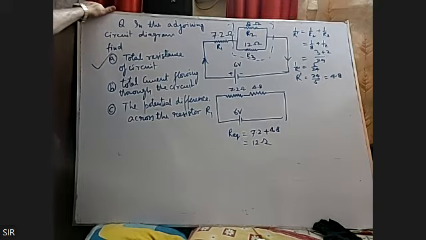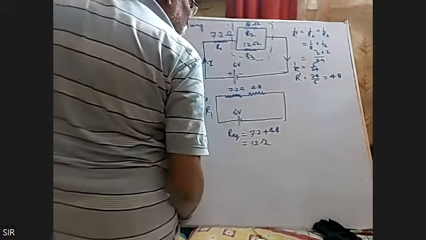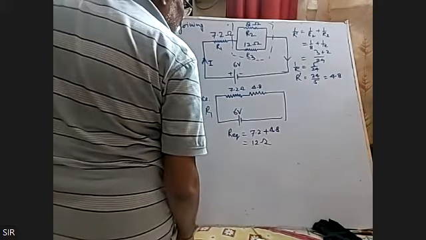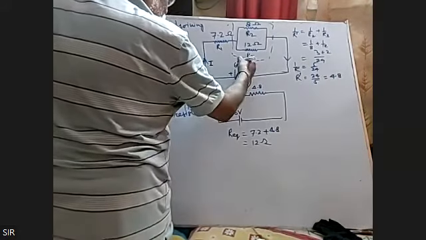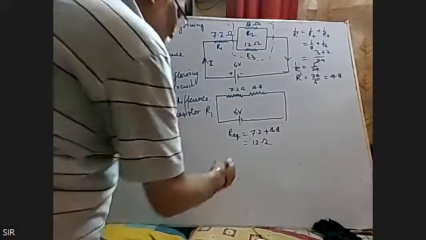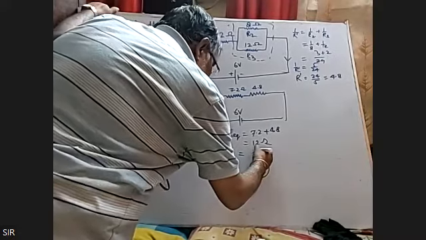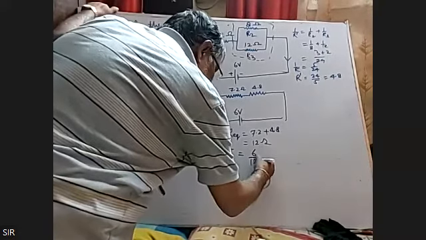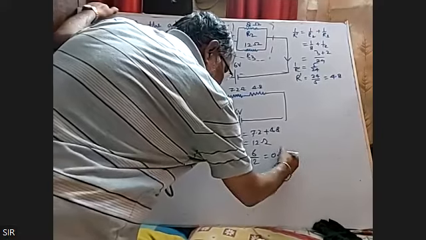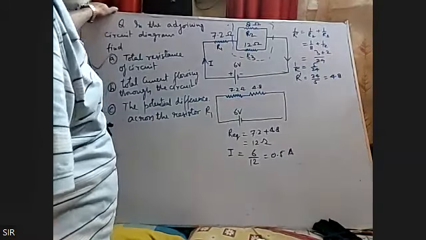Now total current. This is the total current, no? So I is equal to what? V by total resistance. So I is equal to 6 by 12, that is 0.5 ampere. Correct?